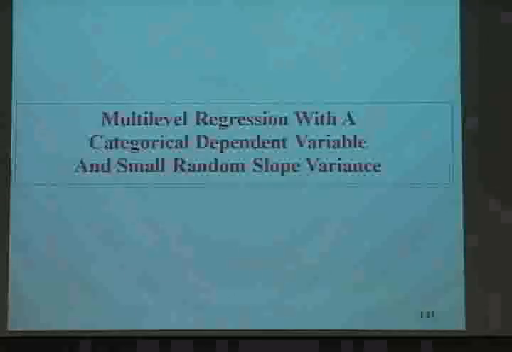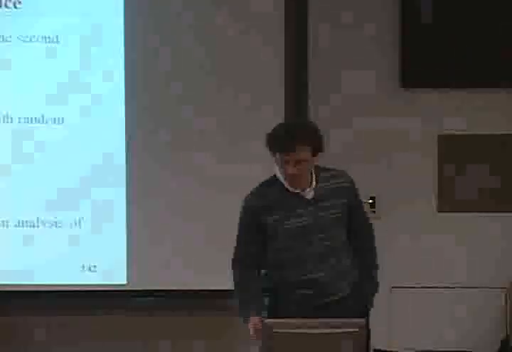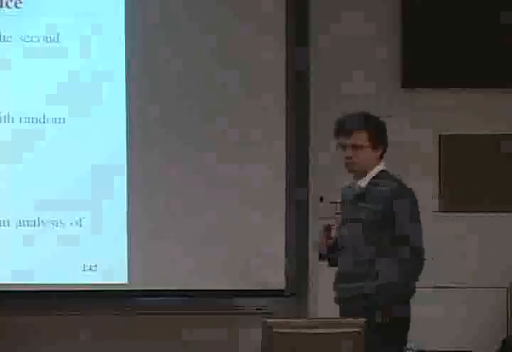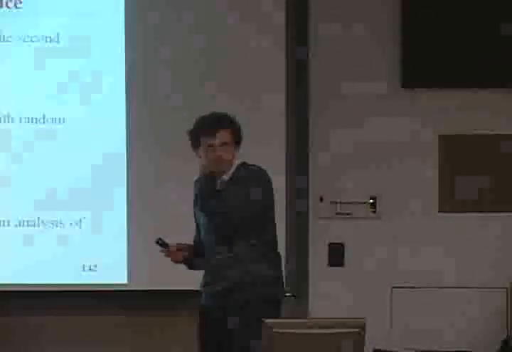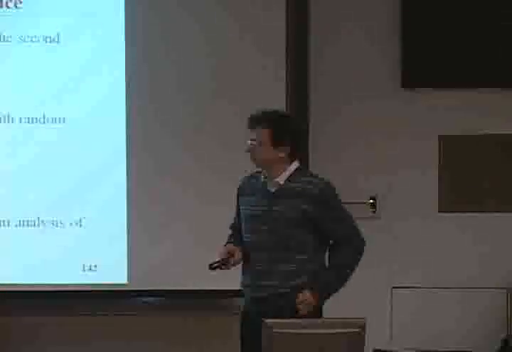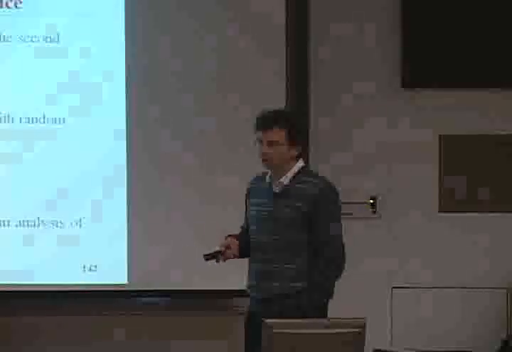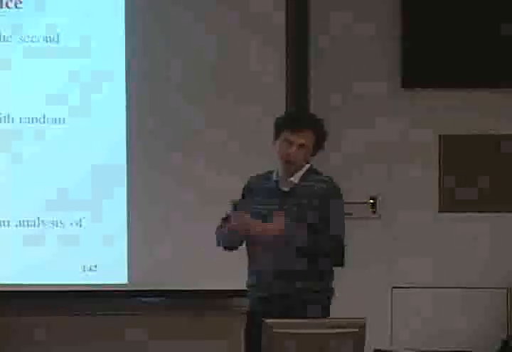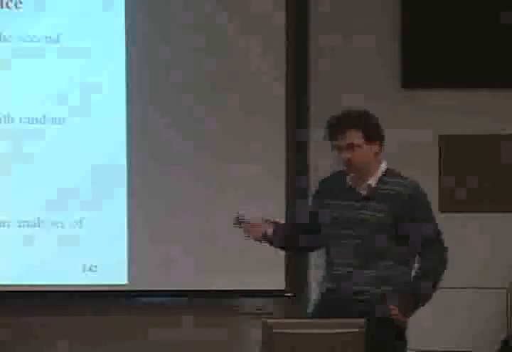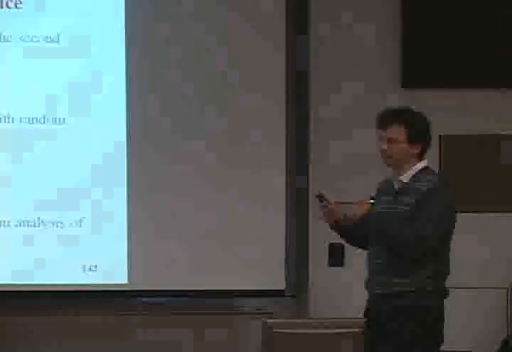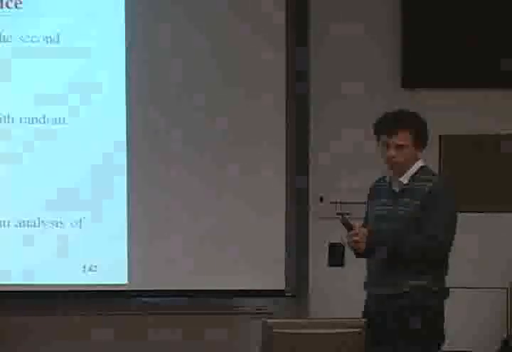Okay, so let's look at this other example, which is going to go through this again. What Bengt mentioned is, here we're going to illustrate another advantage of the Bayes estimator, and that's that with ML analysis, when the variances are very small, if you've run multilevel analysis and the variance is very small, you've seen that it takes a long time for the program to converge.